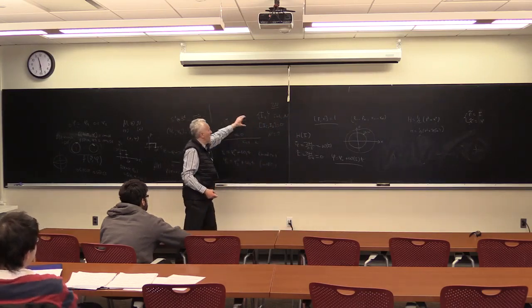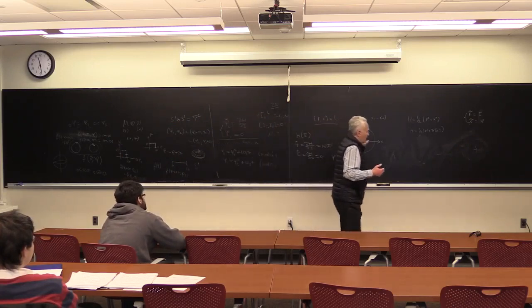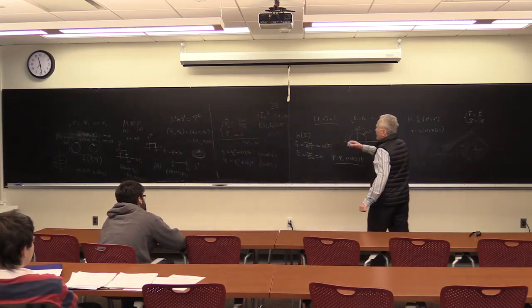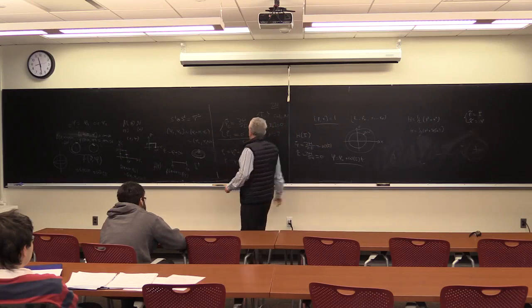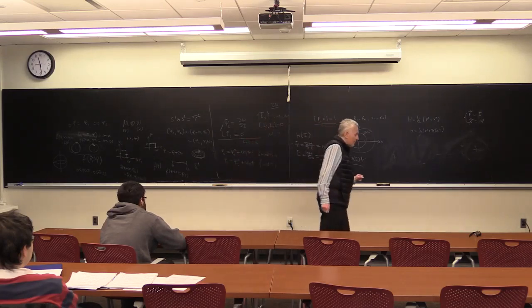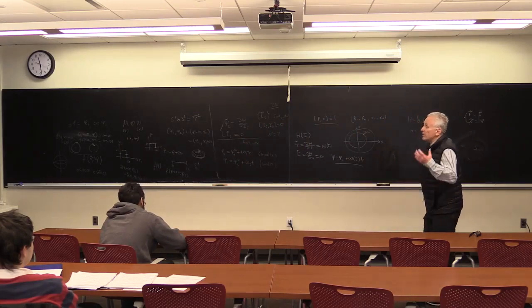So if the system can be rewritten in terms of action angle variables, then it contains n commuting conserved integrals. And it turns out the converse is also true.